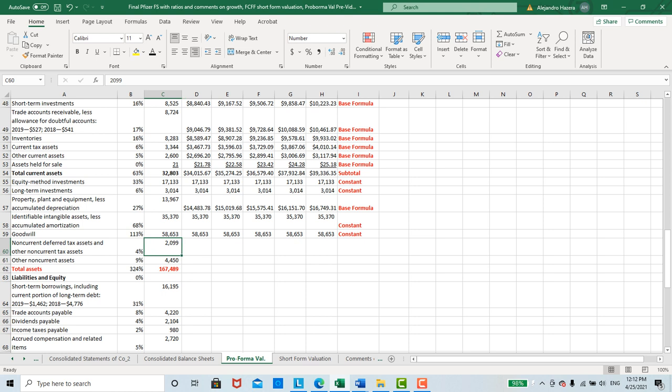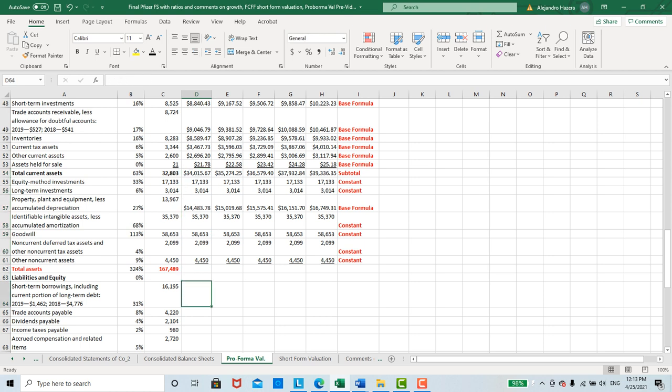I'm going to hold these two other items constant because I really don't know what's in there. Deferred taxes: just look at the deferred tax footnote and see what's going on there. Hold those constant. So my total assets. Here's a subtotal, so I will put a line here, and the total is going to be basically the sum of your total current assets and all these non-current assets.